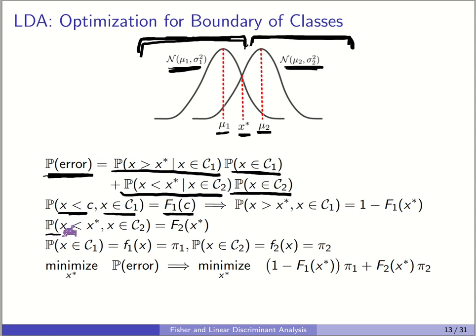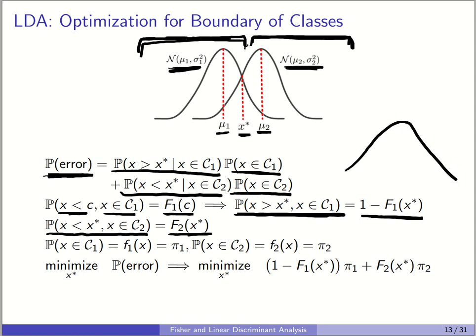And the probability that x is in class 2 and x is less than x star is the CDF of class 2 at x star. Also, if x is greater than x star, not less than, it is 1 minus the CDF, because this part is the CDF, and this part is 1 minus the CDF.